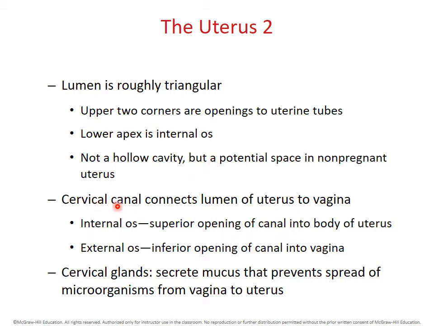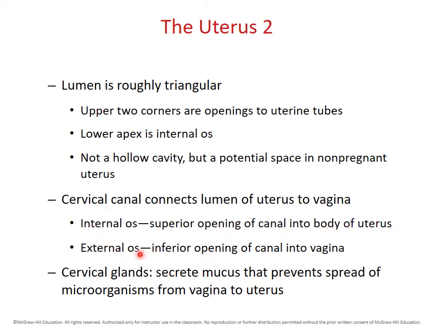The cervix has an opening in it called the cervical canal, and of course this is how sperm can get from the vagina through the cervix up into the uterus. The internal os is what we call the top part of the cervical canal. So the internal os is the opening that's on the side of the uterus.